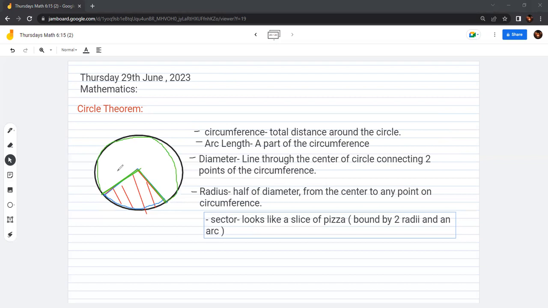So this region in green is also a sector, but this part is known as the major sector. So this is your major sector, and the smaller part is known as your minor sector.